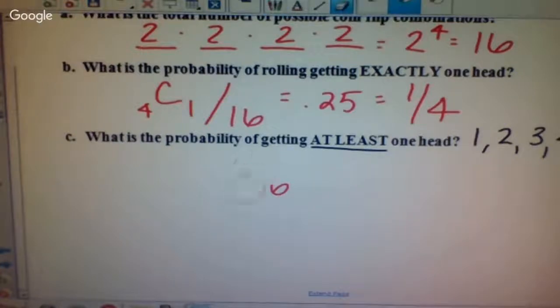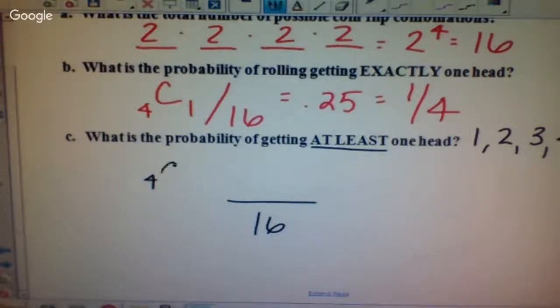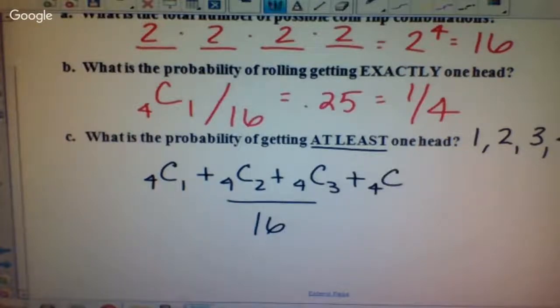I'm going to erase this for a minute. I need to write, I want exactly 1 head, so 4C1, or 2 heads, so 4C2, then 3 heads, 4C3, and I can have 4 heads, so 4C4.